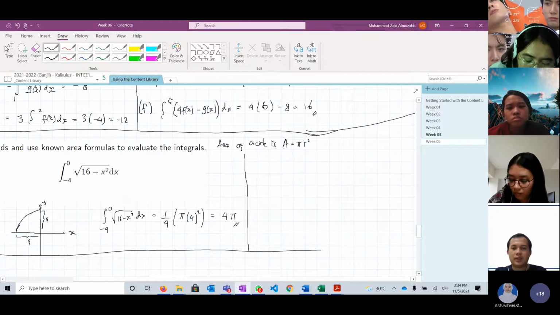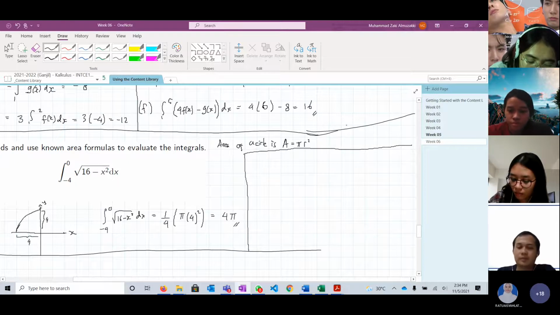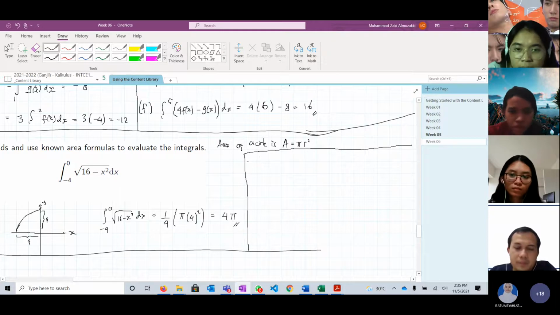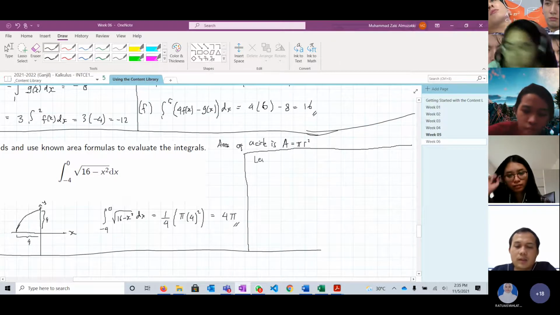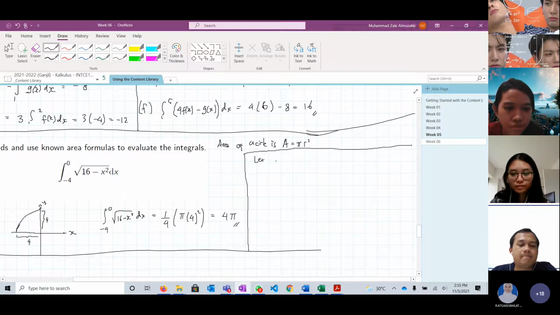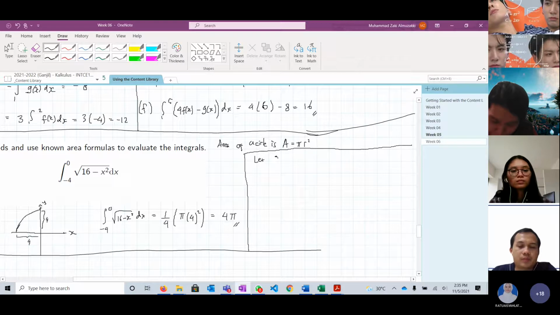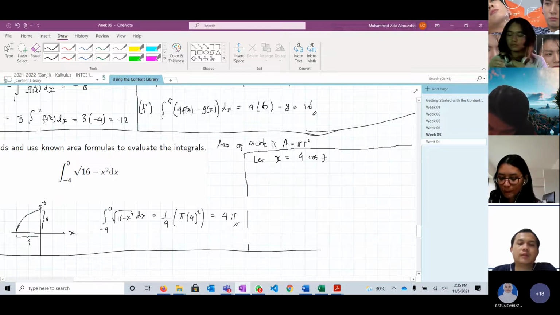this will be learned after the midterm. But okay, so basically we let x be equal to 4 cosine of theta.